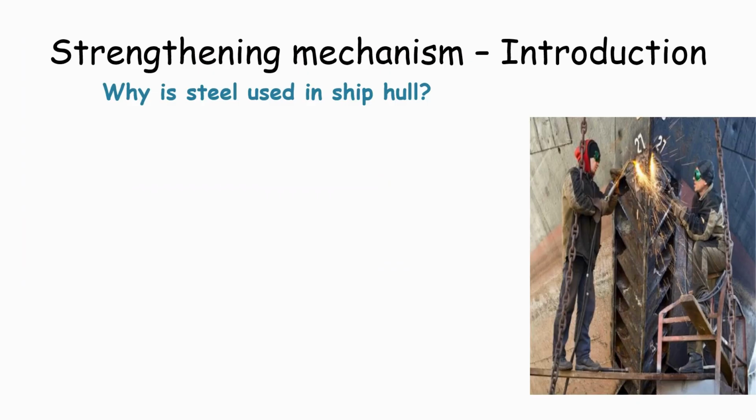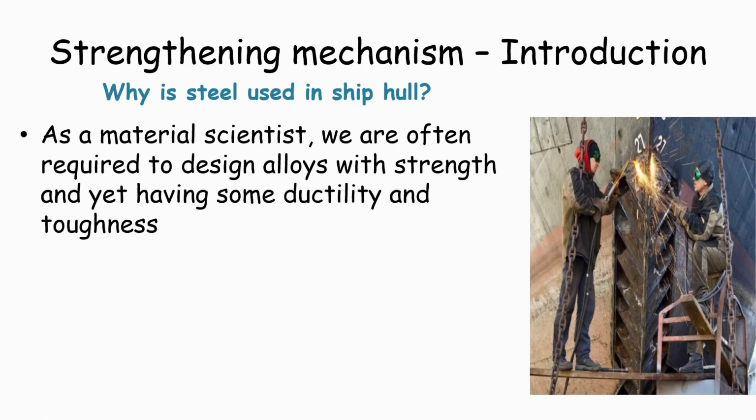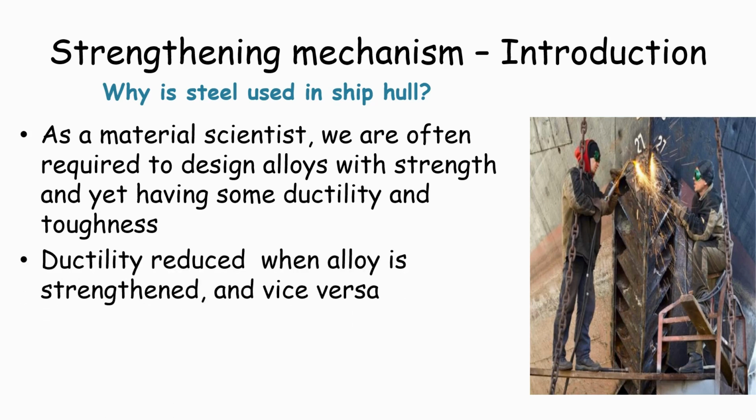As a material scientist, we are often required to design alloys with strength and yet having some ductility and toughness. So we know that ductility is reduced when an alloy is strengthened and vice versa. If I ask you, why do we use steel to fabricate a ship hull?